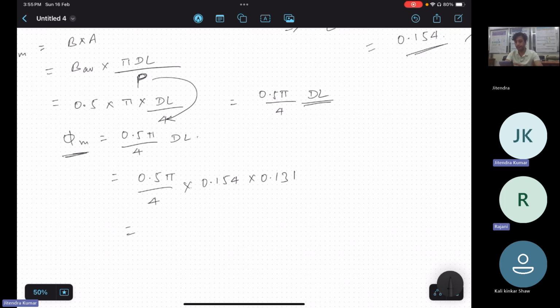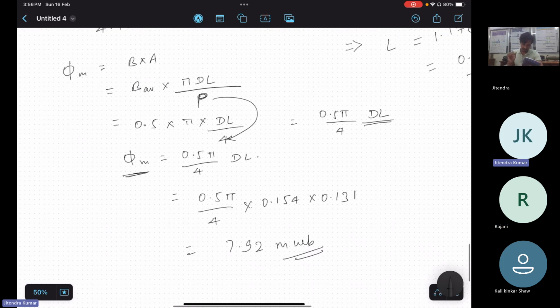Yes, sir. It is 7.922 into 10 to the power minus 3, exactly 7.92 milliweber. So we have calculated this value.